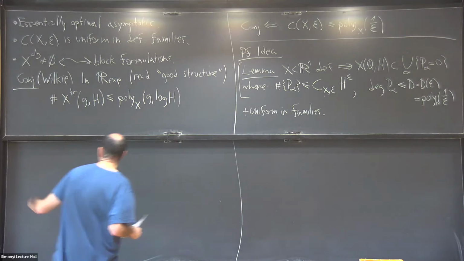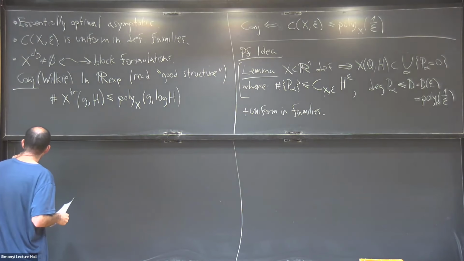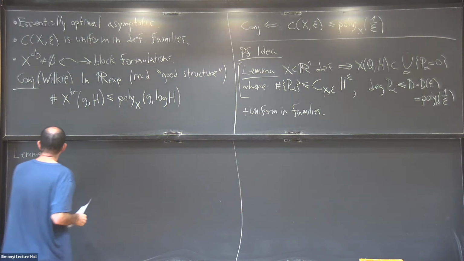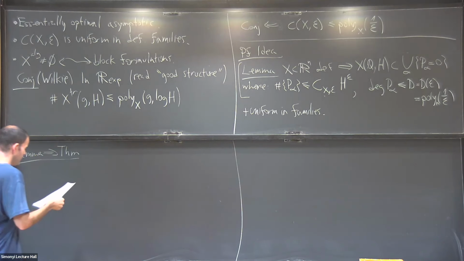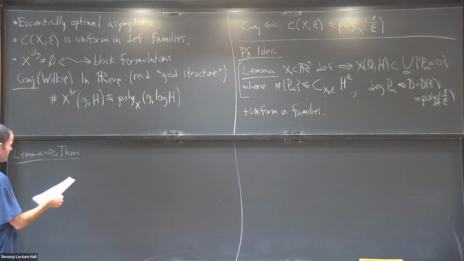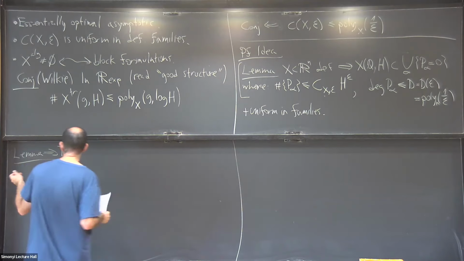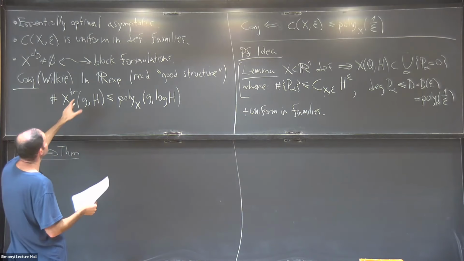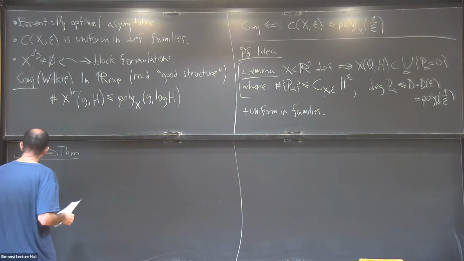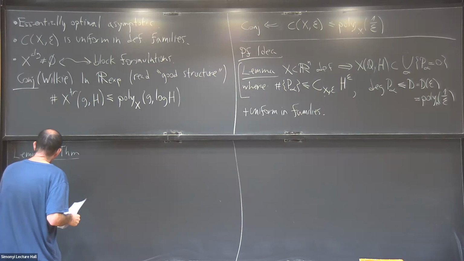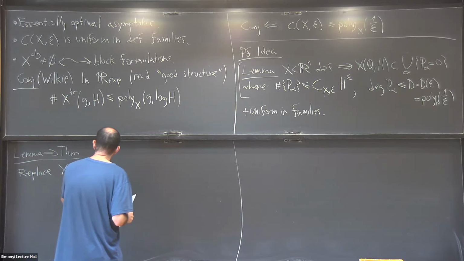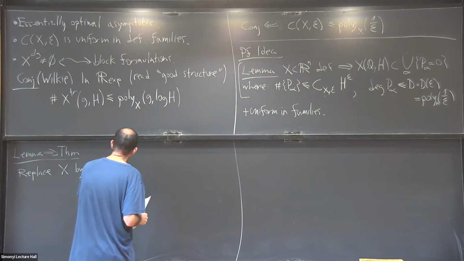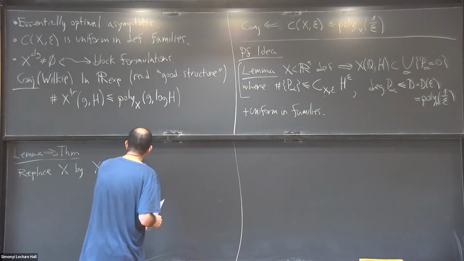And now let me say why this lemma that I wrote over there implies the whole theorem. Basically we want to count the rational points of X, so let's replace X by each of these intersections, X intersect {p_alpha = 0}.